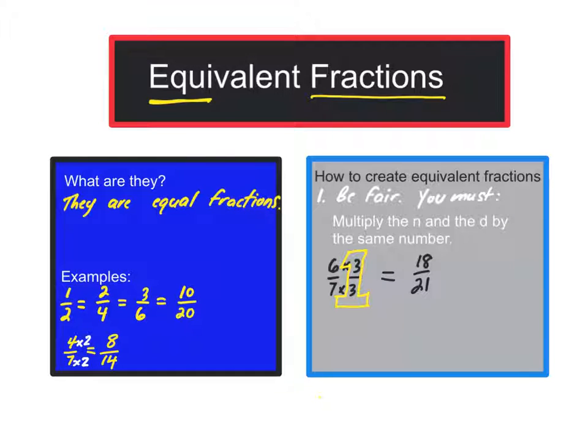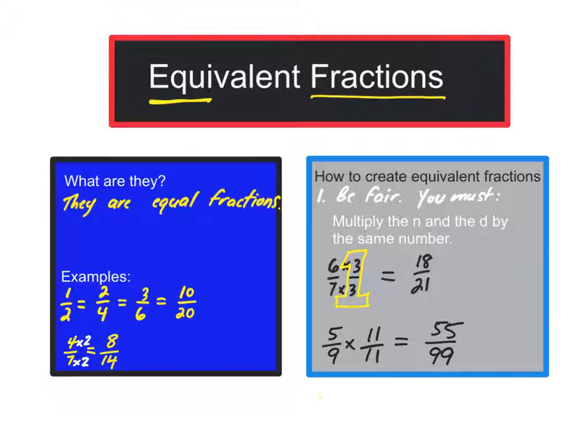What if we have 5/9? Okay, and we are going to multiply that by, I want a crazy equivalent fraction, so I'm going to do 11 over 11, which will give me 55 over 99.